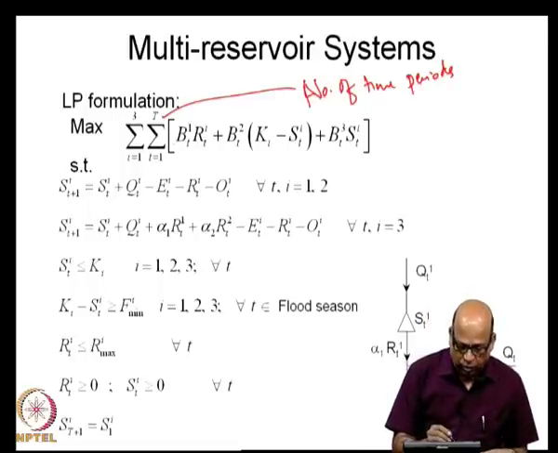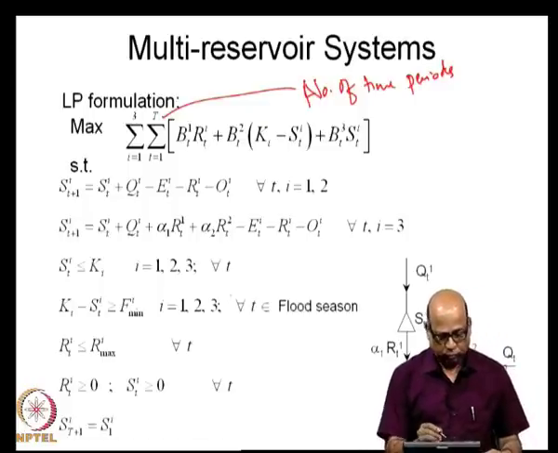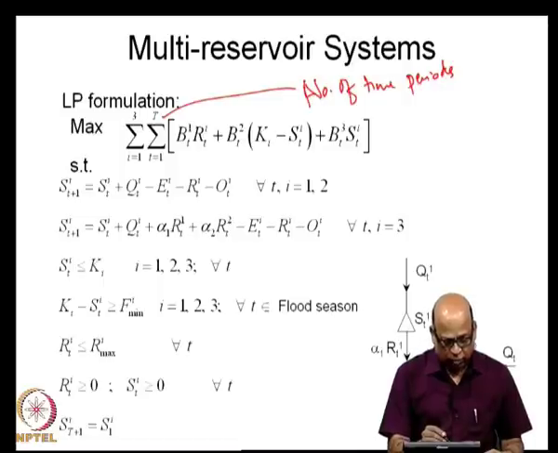So, at the reservoir I, you are making a release of R T I. I is reservoir number and T is the time period, R is a release. And associated with the release, you get a benefit of B1 T. We have removed the superscript I for the benefits. We are assuming that the benefits remain the same across all the reservoirs.